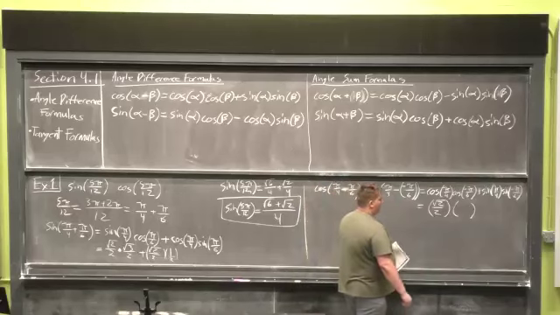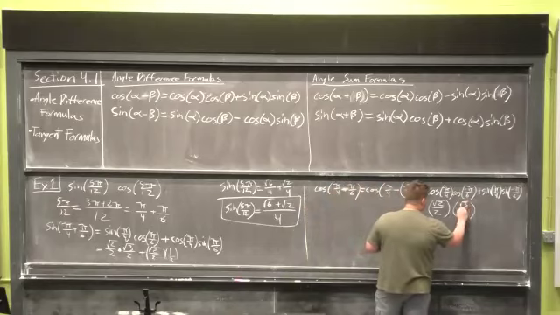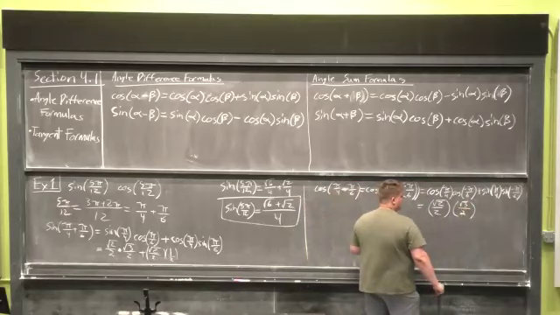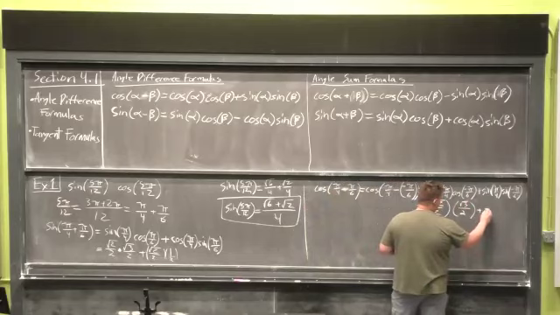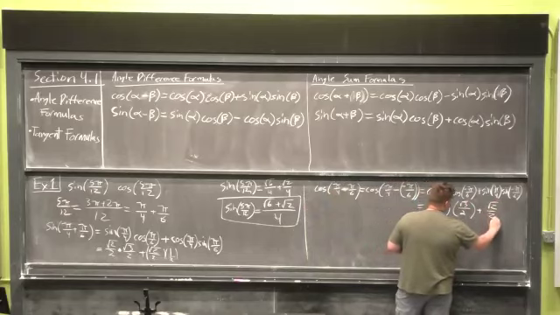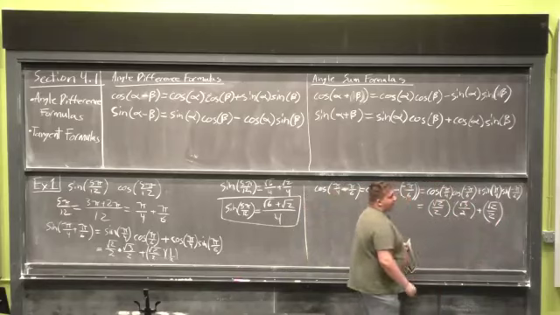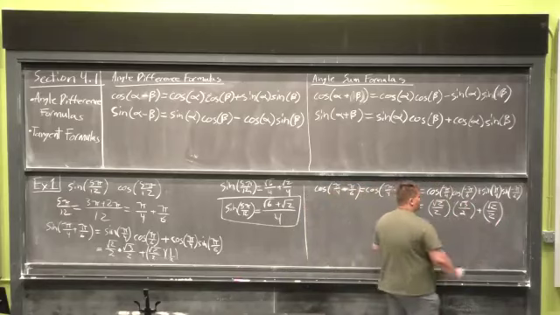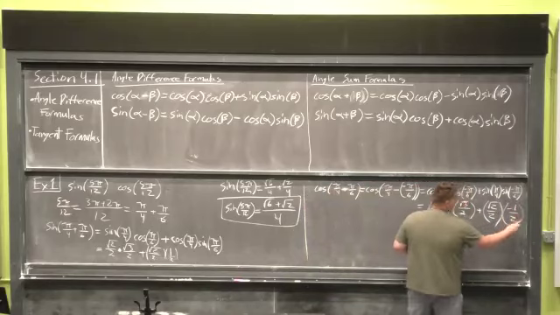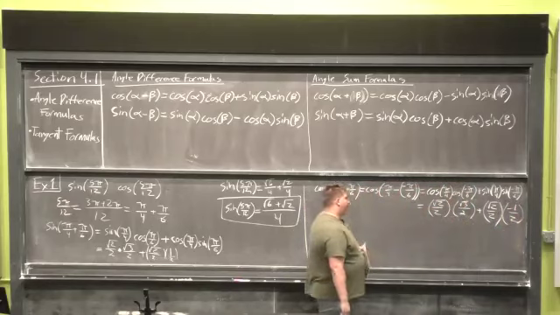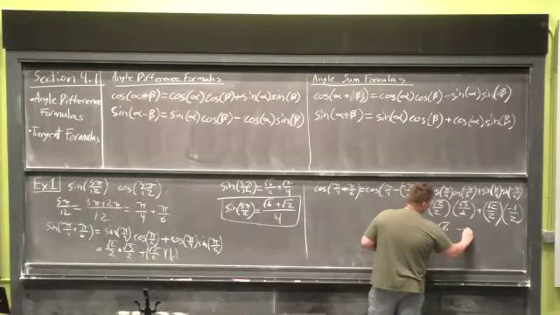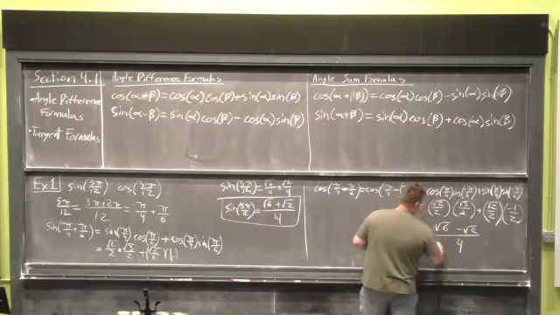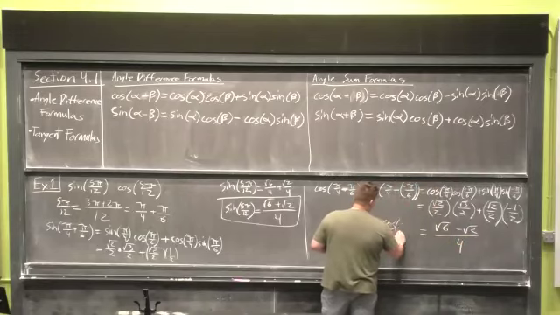Well, that will be square root 3 over 2 plus sine of pi over 4, that is square root 2 over 2, times sine of negative pi over 6, and we'll get negative 1/2. Simplifying this, we're going to get square root 6 minus square root 2 all over 4. That is cosine of 5 pi over 12.